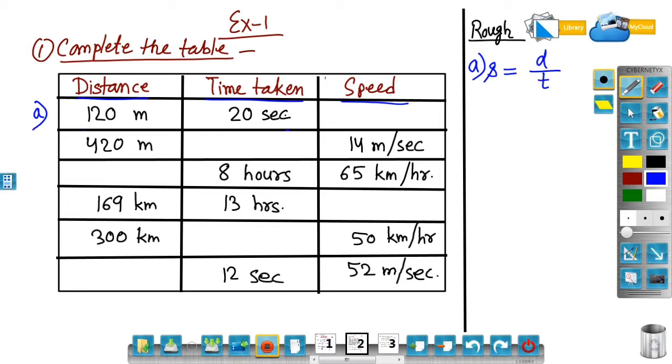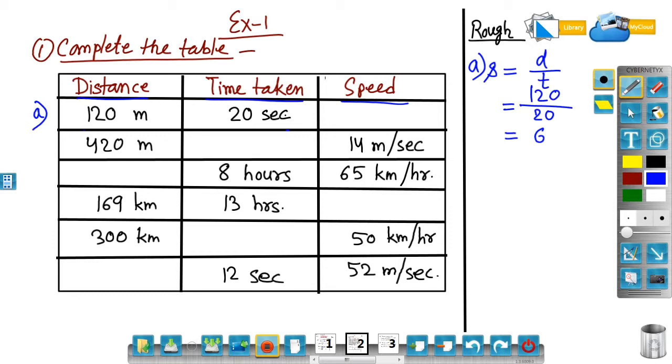So in this sum, distance is 120 and time is 20. Simply dividing the numbers, we can find the value of speed, that is 6.